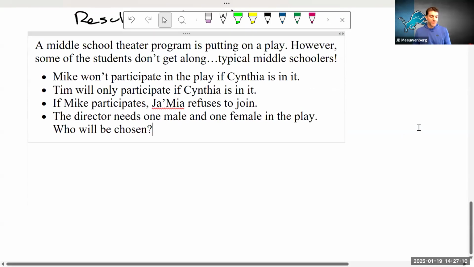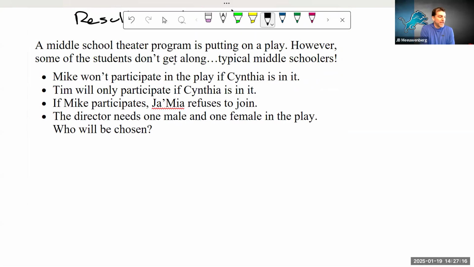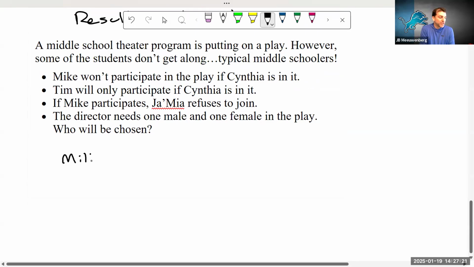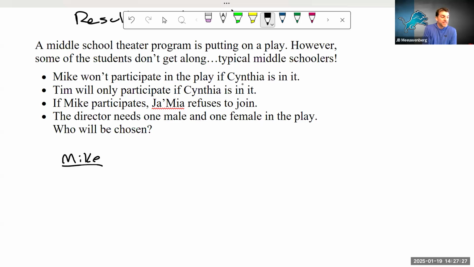So there are some things that we need to consider. The first is that if Mike is chosen, so let's pretend if Mike is chosen, then what does that mean? It means Mike will participate in the play if Cynthia is not in it.